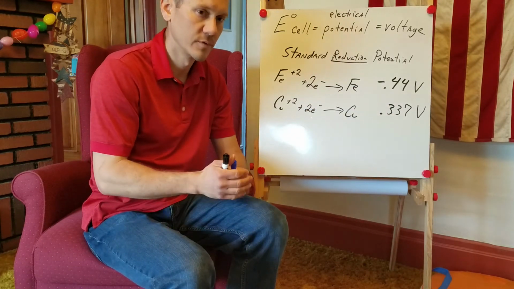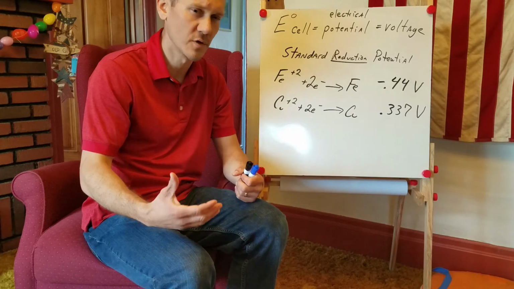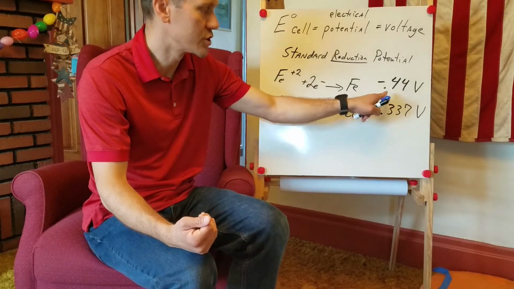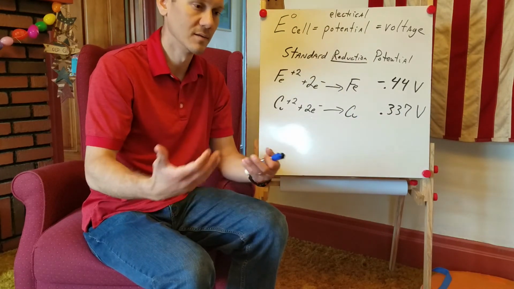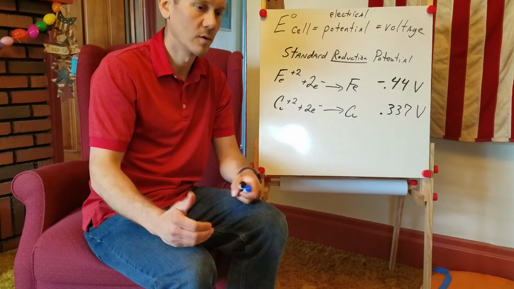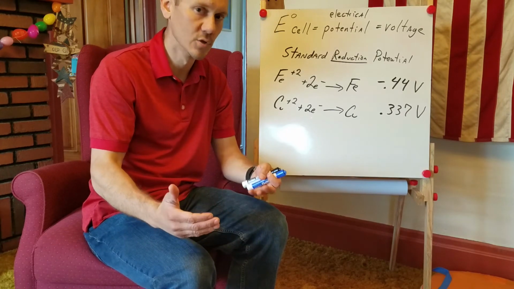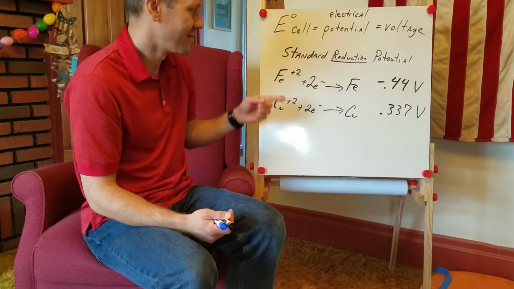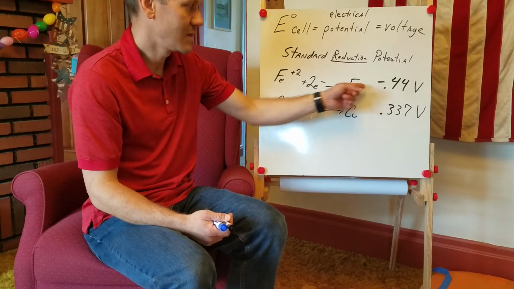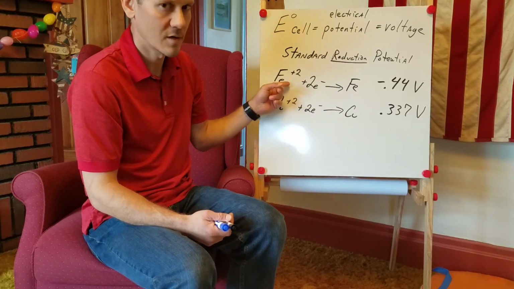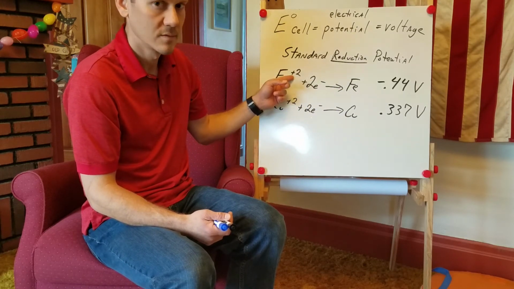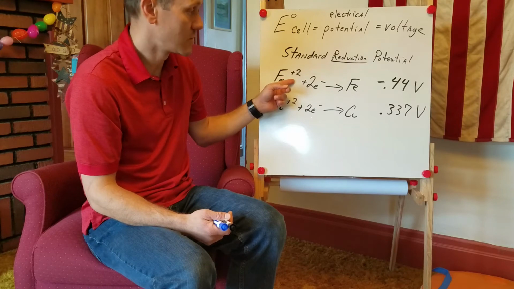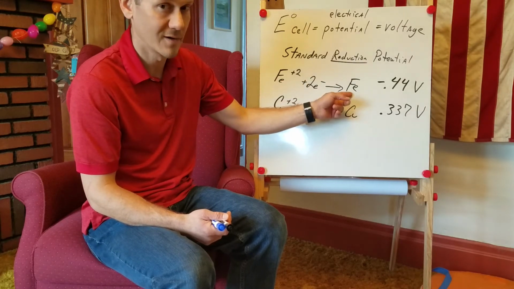So if you look at the reduction potential list, your alkali metals are at the very bottom of the list, the largest negative values, because lithium and sodium are by far the best losing metals. So we know that this isn't going to happen. You're not going to get iron that's oxidized to naturally go to iron in its free state.